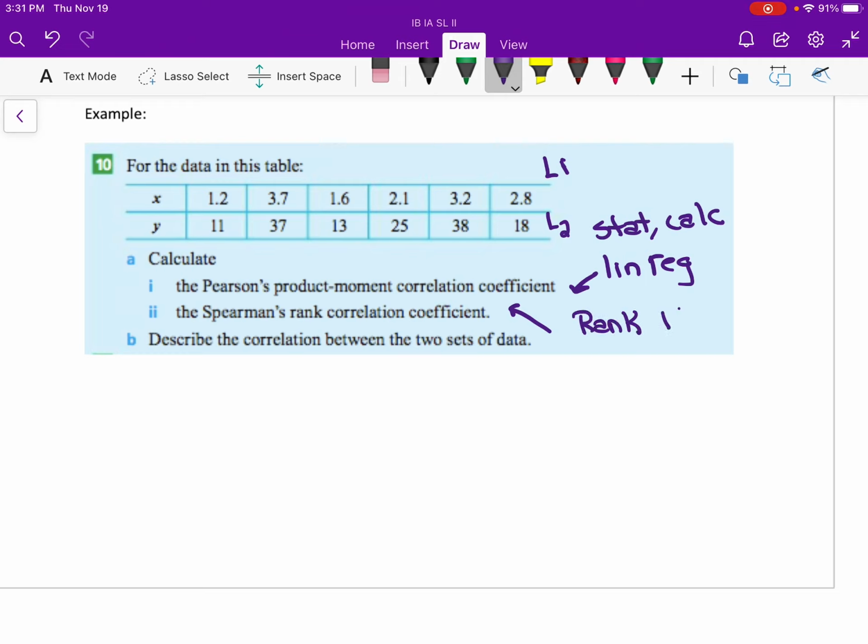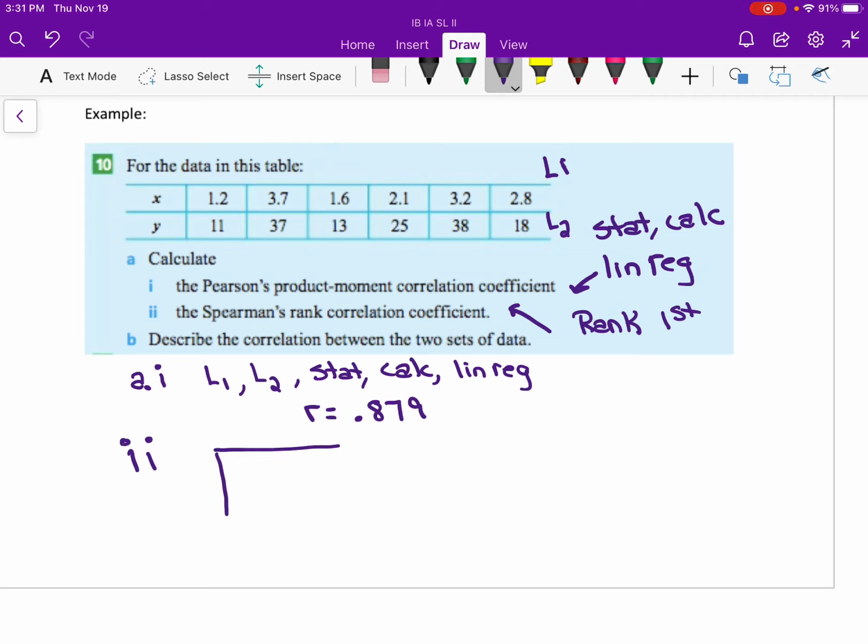So for part one, if you put those in L1, L2, and then do stat, calc, lin reg, you should get an R value of 0.879.